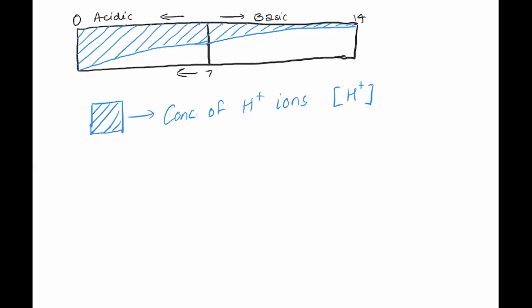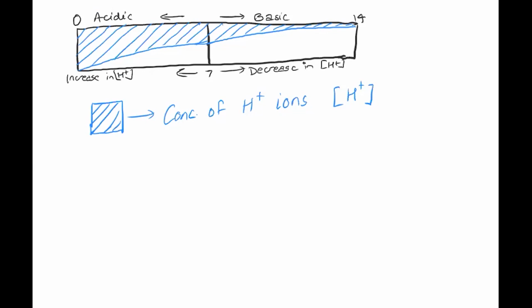Over here, there's an increase in H plus ions concentration. If we move here, there is a decrease in the concentration of H plus ions. Okay, so now it's clear to you that this is how the pH scale is.